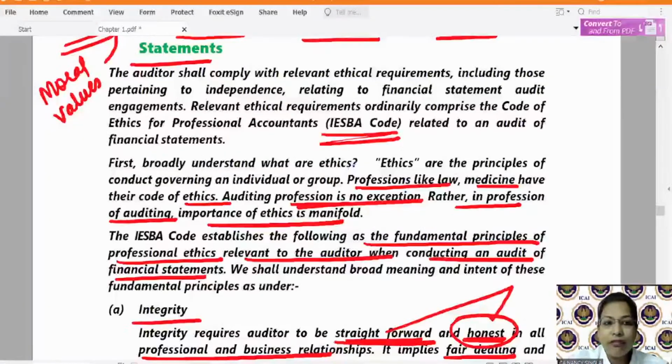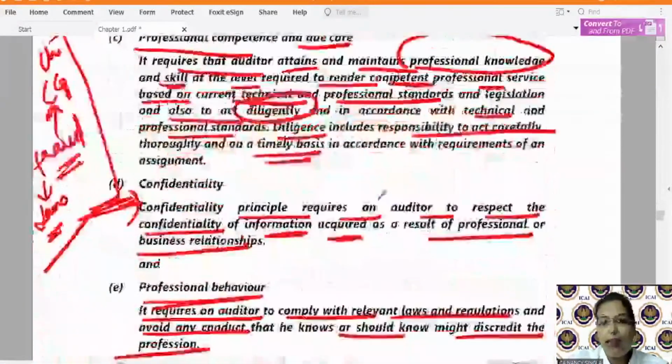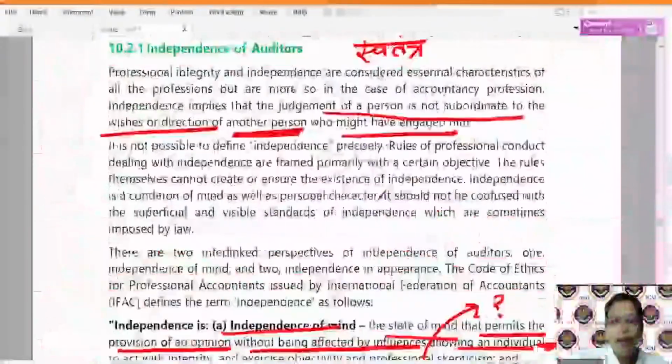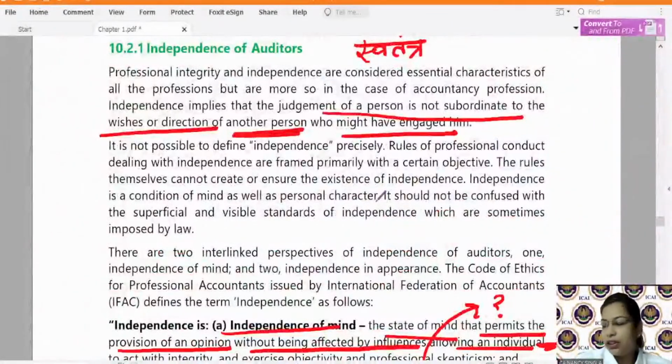And if you remember, then we understood about what is independence. So it is basically a judgment of a person, here the auditor, not being subordinate to the wishes or directions of another person who might have engaged him.